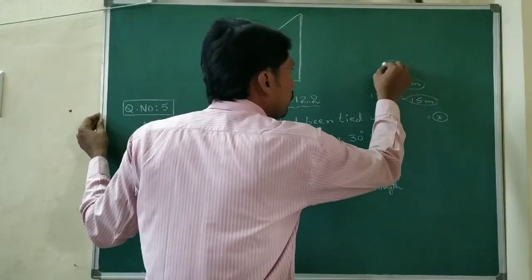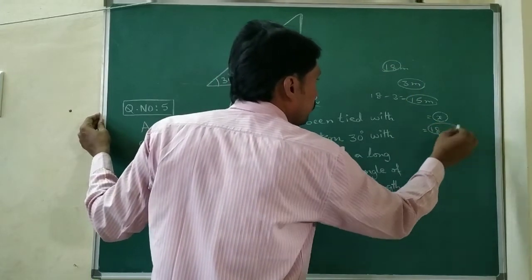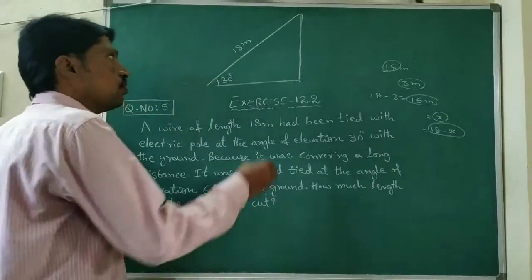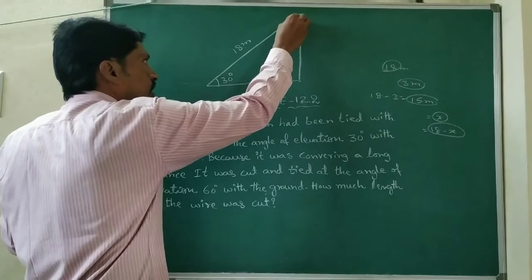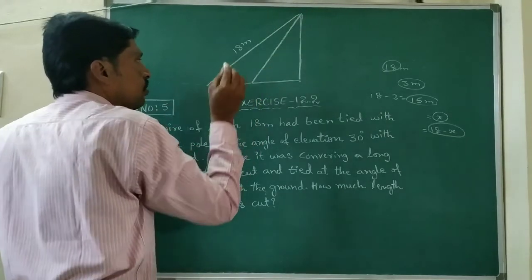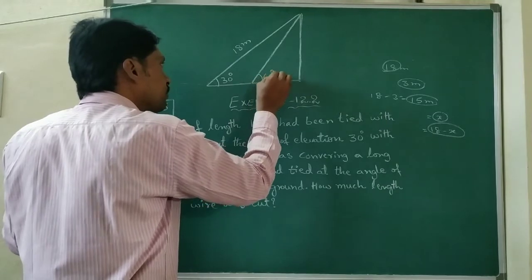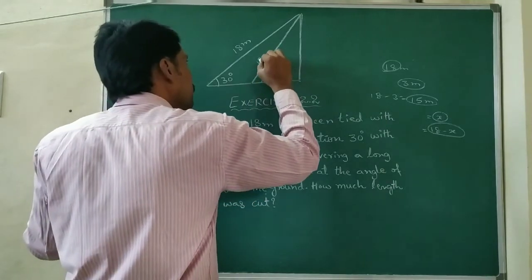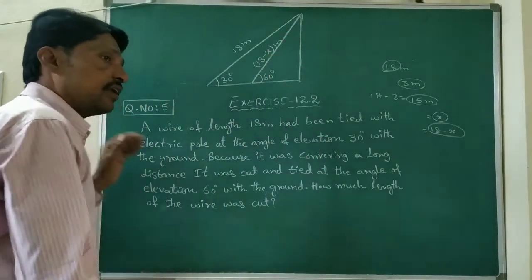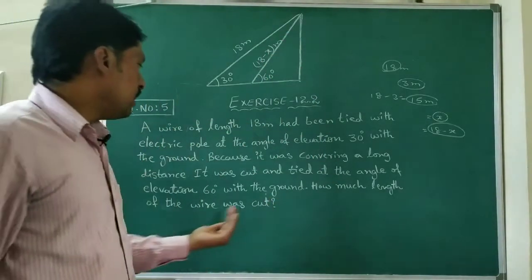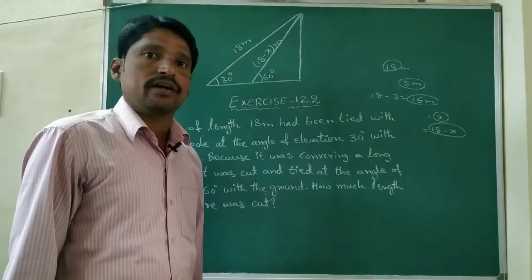The total length of the wire is 18, so 18 minus x meters of wire is left. That 18 minus x meters of wire they tie again, making an angle of 60 degrees. We need to find how much length of the wire was cut.